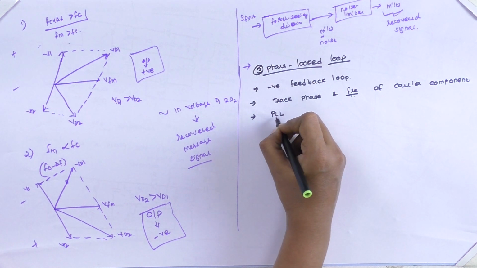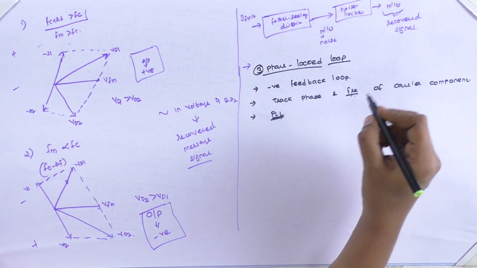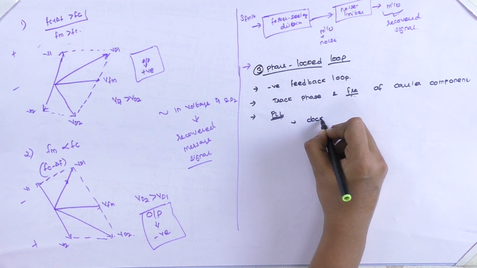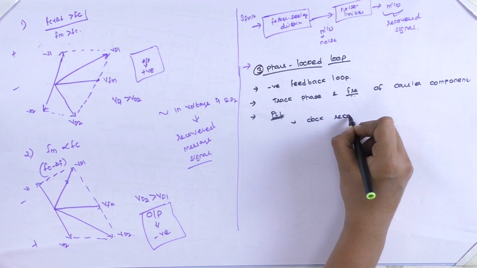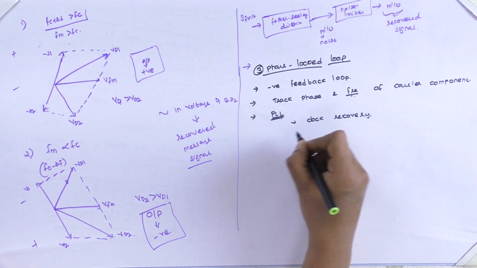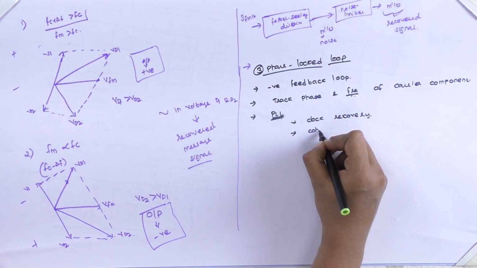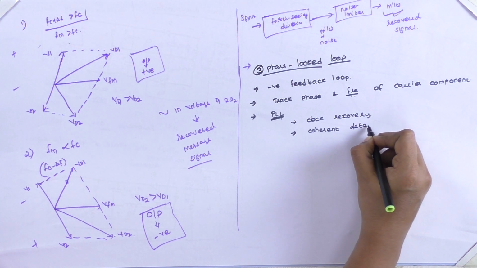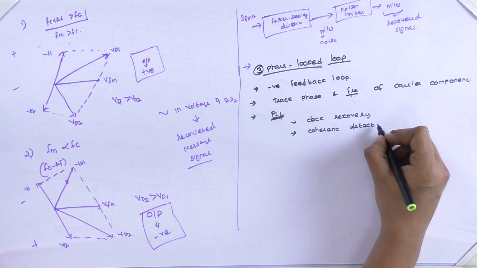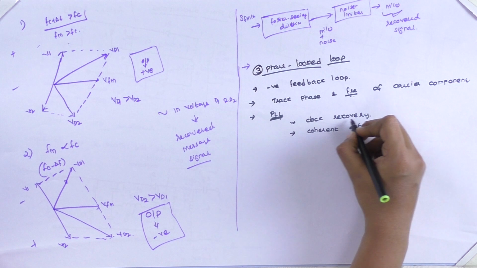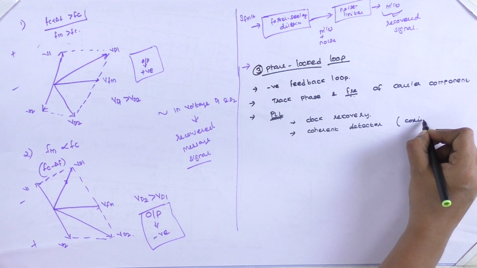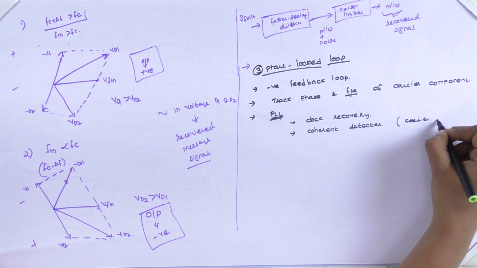PLL is not alone in finding application in frequency demodulation; it is also used in clock recovery, which is essential in many places. Coherent detection means we need to use a crystal oscillator or carrier signal generator with the same frequency and same phase, that is carrier recovery.